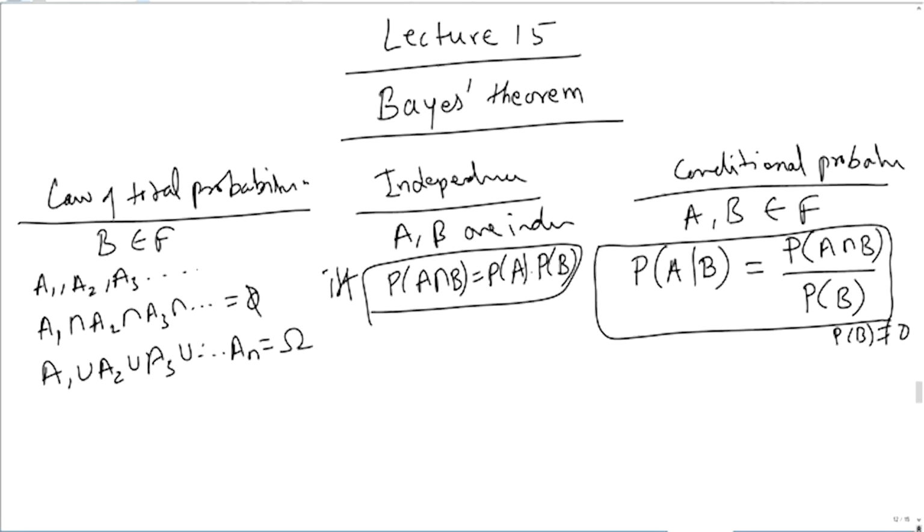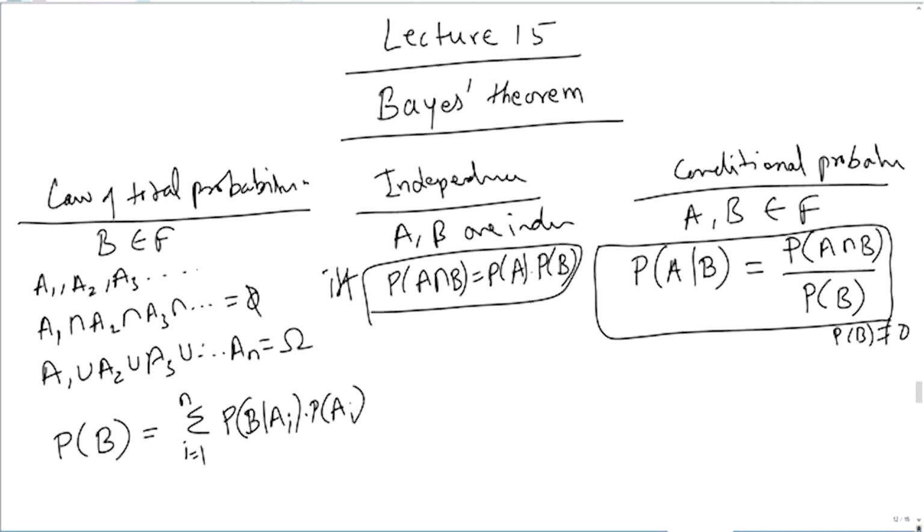If this is the case, then the total probability of event B can be given by the summation of probability of B given Ai times probability of Ai.